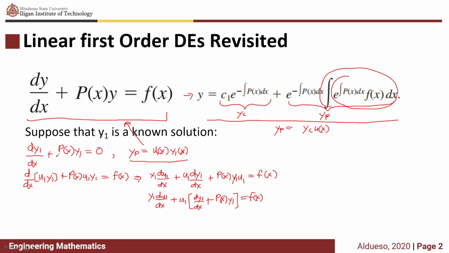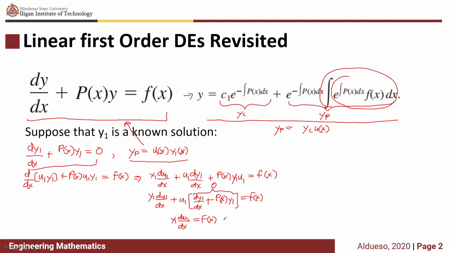Now since y1 is a solution to the homogeneous differential equation, this term right here is equivalent to 0. So we are left with y1 du1/dx equal to f of x.